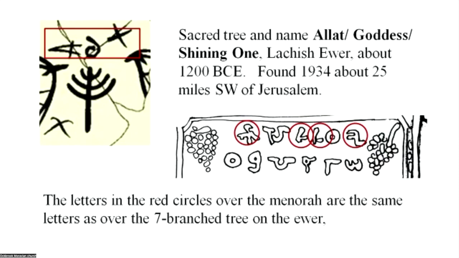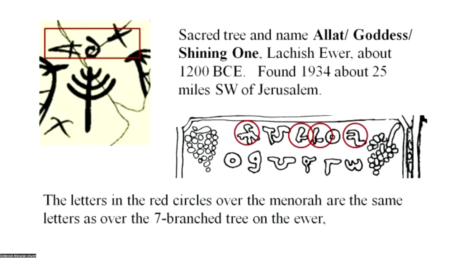The letter on the left corresponds to the letter in the right-hand circle of our little tablet. The letter in the middle on the pot corresponds to the two L letters in the center of the line, and the letter on the right on the pot, the cross, corresponds to what is clearly a slightly wobbly cross on the left-hand side.